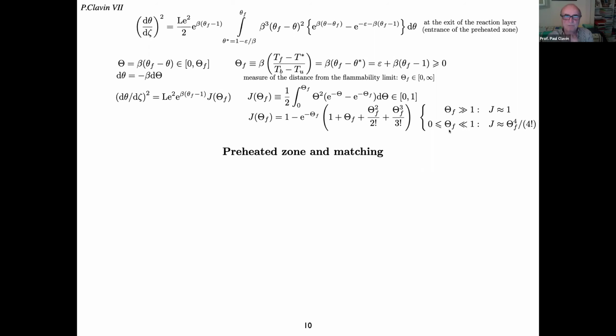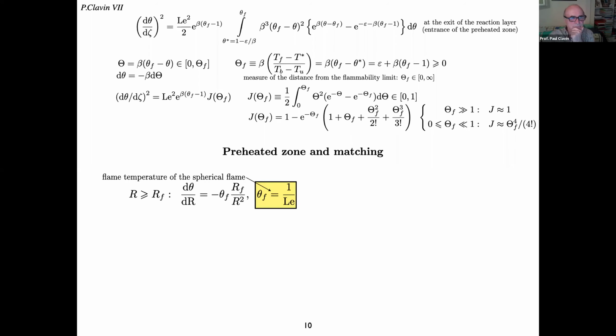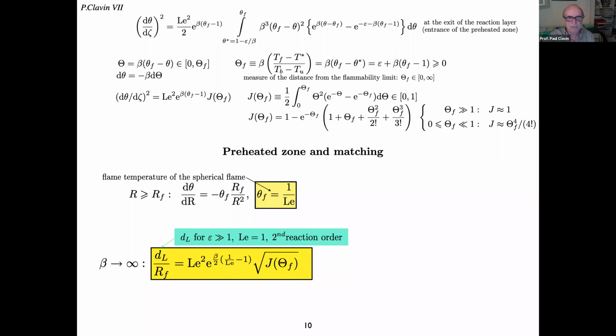And okay, let me skip the detail, and then solving the preheated zone, matching the preheated zone with the reaction zone, you obtain this expression here for the radius.